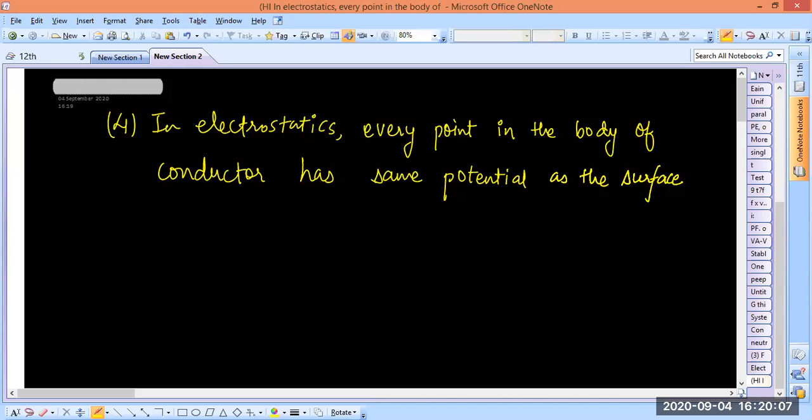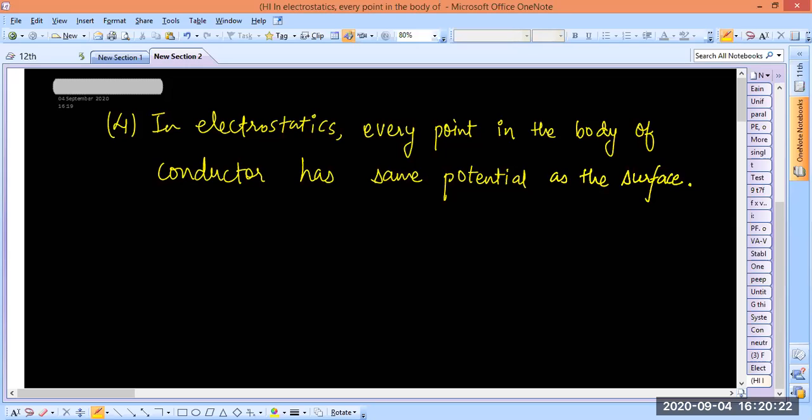Okay, right? In electrostatics, every point in the body of a conductor has the same potential as the surface.